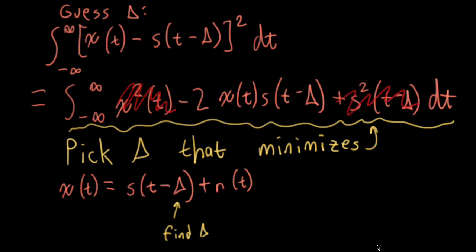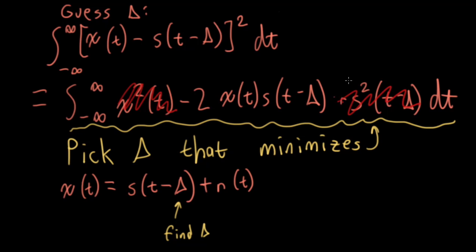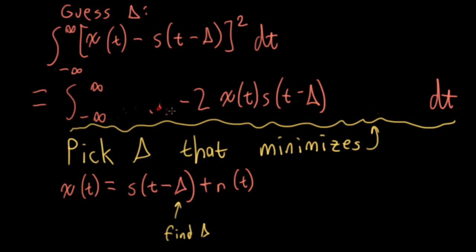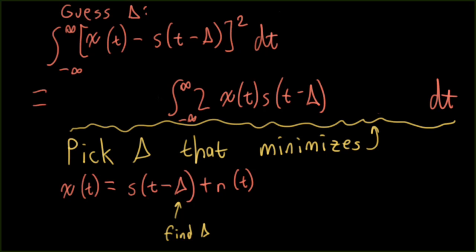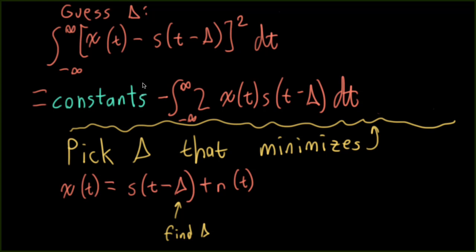So I might as well leave it out also. So I can get rid of this term, and I can get rid of this term, and just put that minus sign out in front, and move over the dt. I should emphasize that for this equality to hold, there are some constants here that we dropped, and these are constants relative to delta, which is what we're optimizing over.